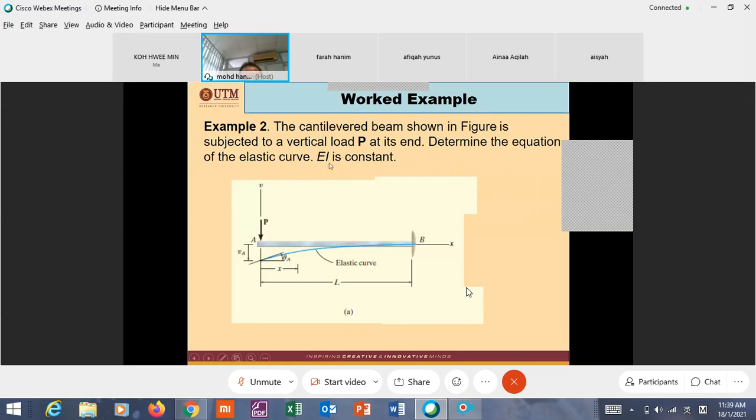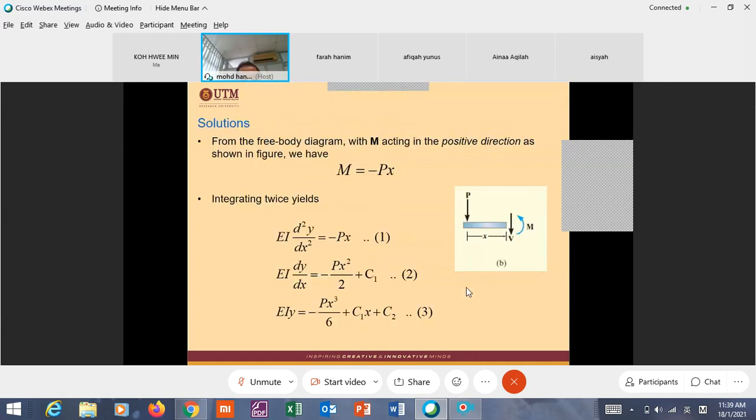Determine the equation of the elastic curve. EI is constant. What is meant by elastic curve? It is the slope, but you can also have the deflection.